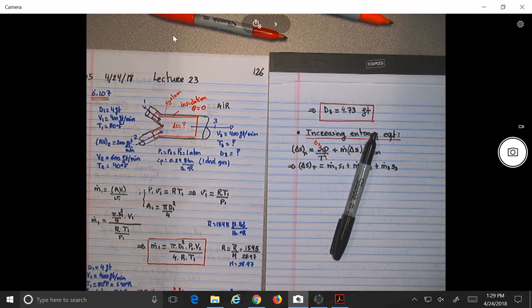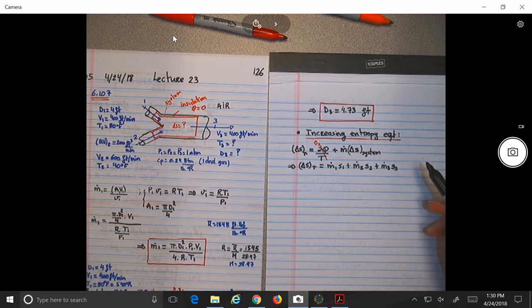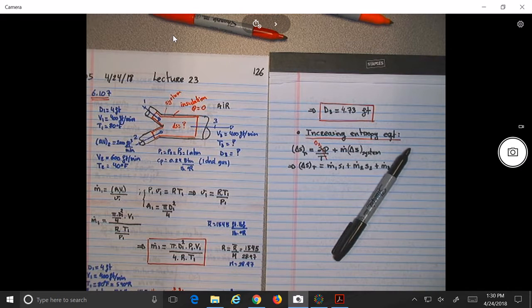Oh, I do. As here they put minus M3 S3. Why would they put the minus? Oh, because leaving the control volume. What do we put on the equation here? Also, it might be backwards for our class. No, that should not change anything.